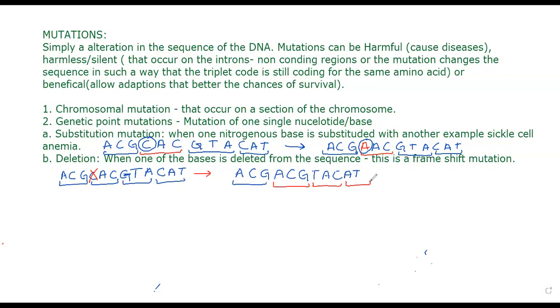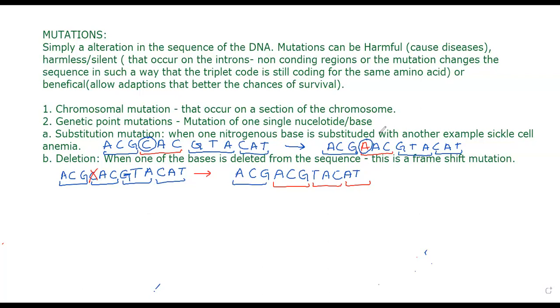Why? Because of that one deletion, by removing this nucleotide, I have shifted the triplet code completely. If there is a deletion, it affects all the triplet codes that come after it, because I have actually removed a nucleotide from the equation. In substitution, only one particular base is going to be affected.